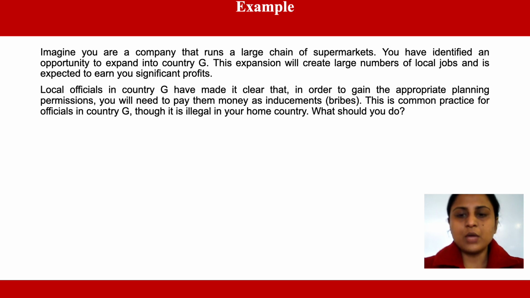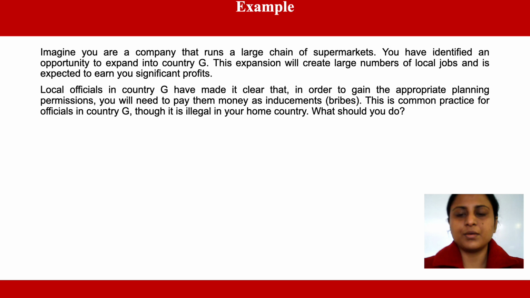Now here's a condition. The local officials in that new country say that it is very important to pay a bribe if you want certain planning permissions from the authorities. This is a very common practice in country X, to pay bribes to officials to get work done. However, paying bribes in your home country is illegal.